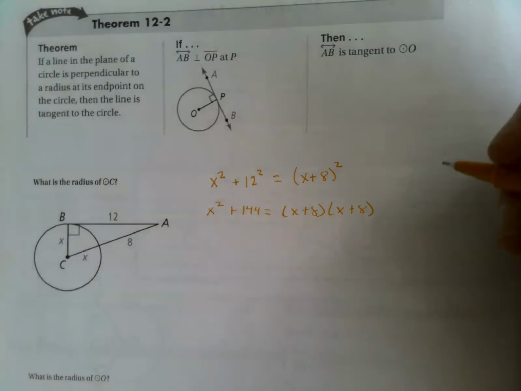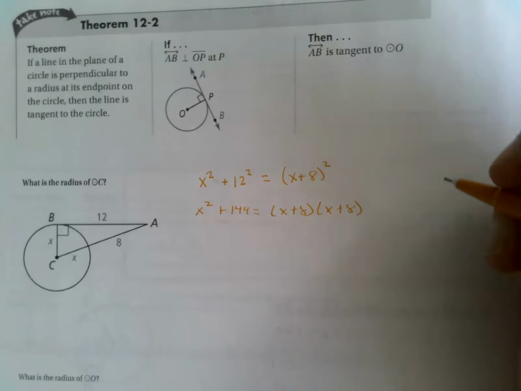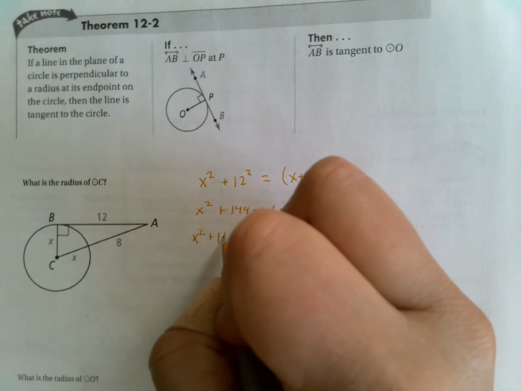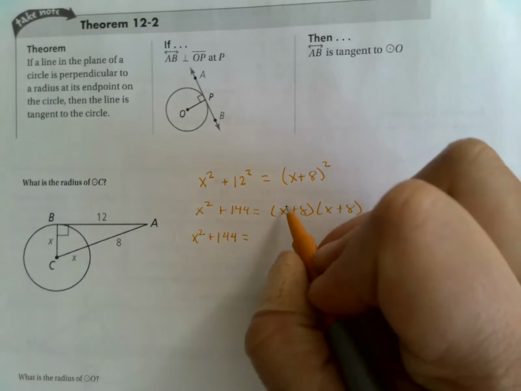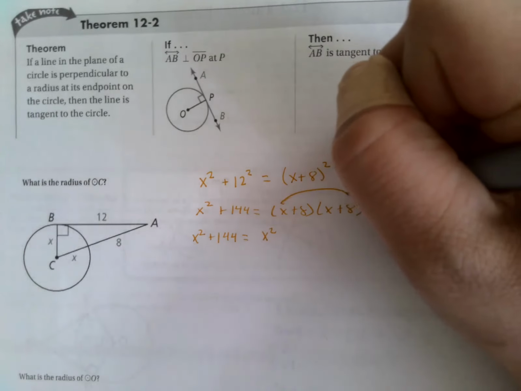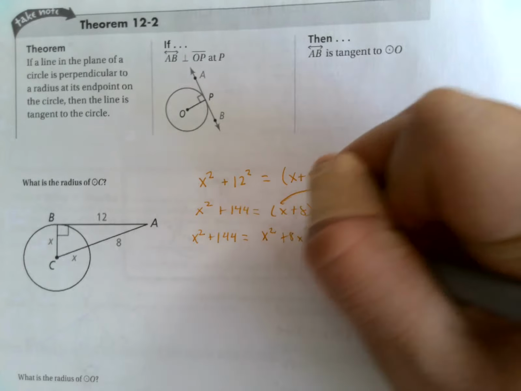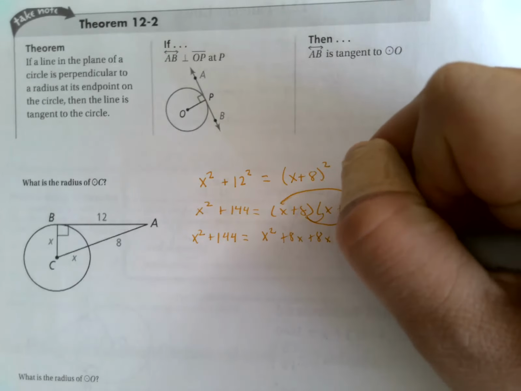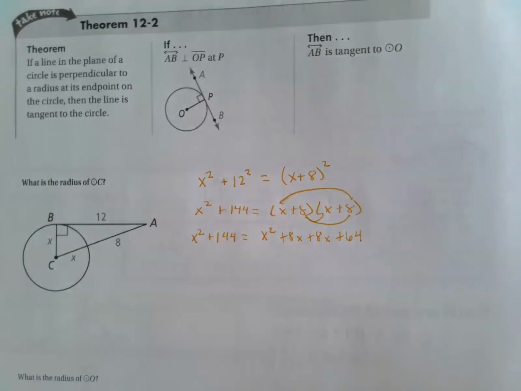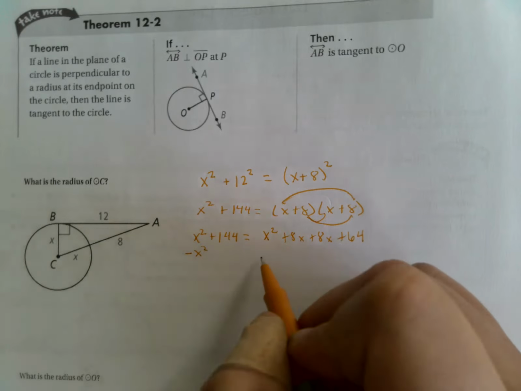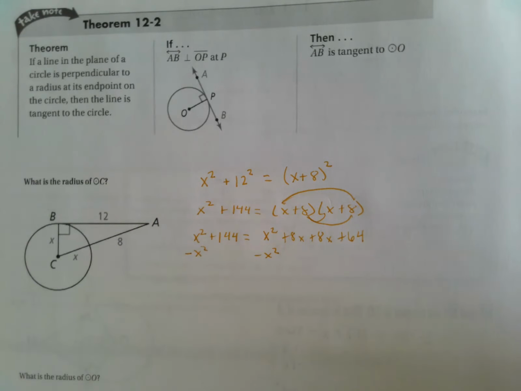We've done this before, and if you want to do it in a box, you can. But I'm going to leave the left-hand side as this. We multiply our firsts, that becomes x squared. We multiply our outsides, that becomes plus 8x. Our insides is plus 8x, and our last is plus 64. Now we solve this. I can subtract x squared on both sides, and those cancel.